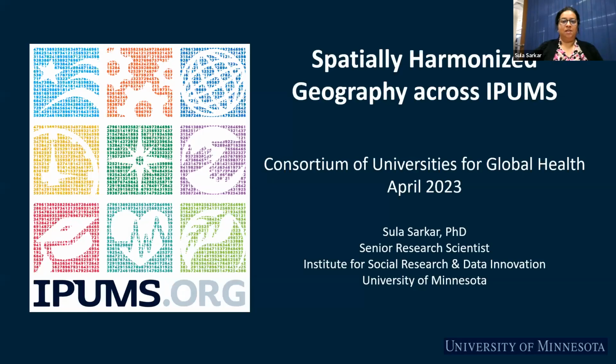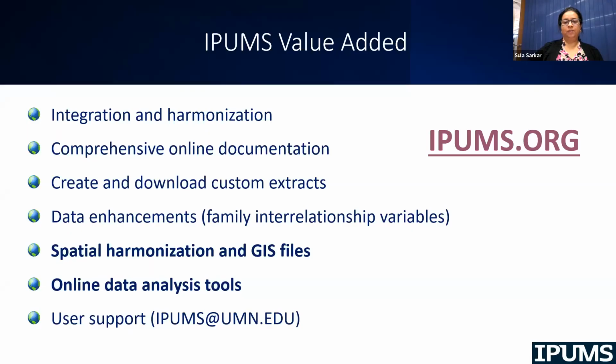So let's start with some geography and GIS and how you would get this from all the data sets we have been talking about. IPUMS value added, and how does IPUMS add value to your data? And we have talked about all of these.